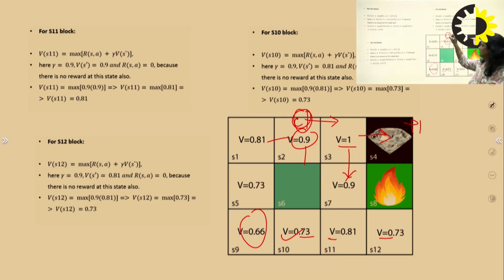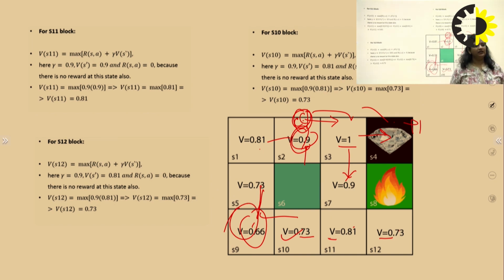If the agent is in this position, then they follow this path. If the agent is in this position, then they follow this path or this path, but they both have the same value, then it will check another condition, and whichever value is maximum is chosen.